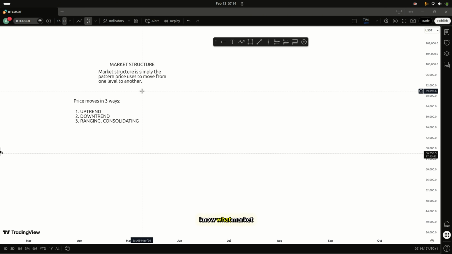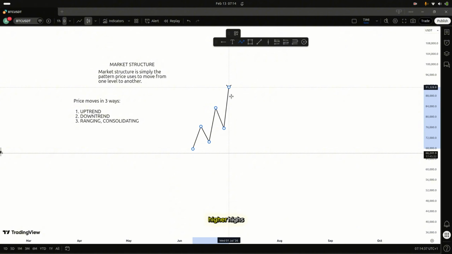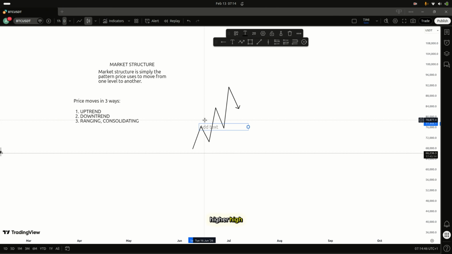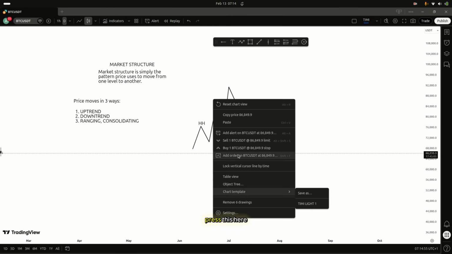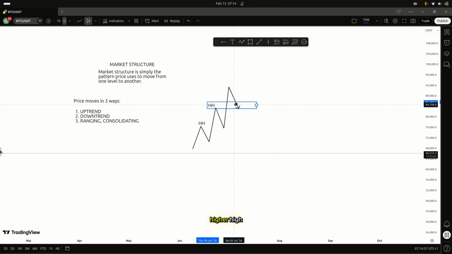So now we know what market structure is. The market structure is simply the pattern that price uses to move from a level to another. So this is what an uptrend looks like. Assuming you come to the chart and you see price making something like this: higher highs, higher lows, higher highs, higher lows. This is simply what an uptrend looks like. This is a higher high, this is a higher high.